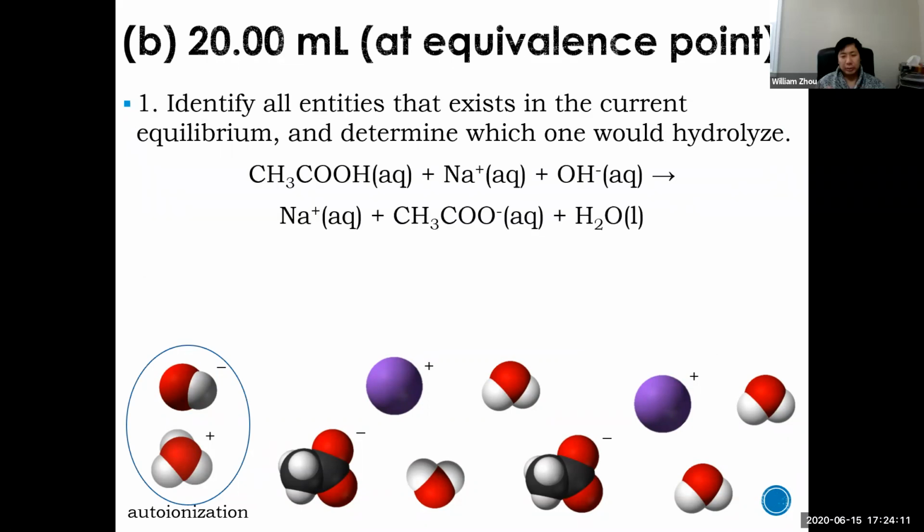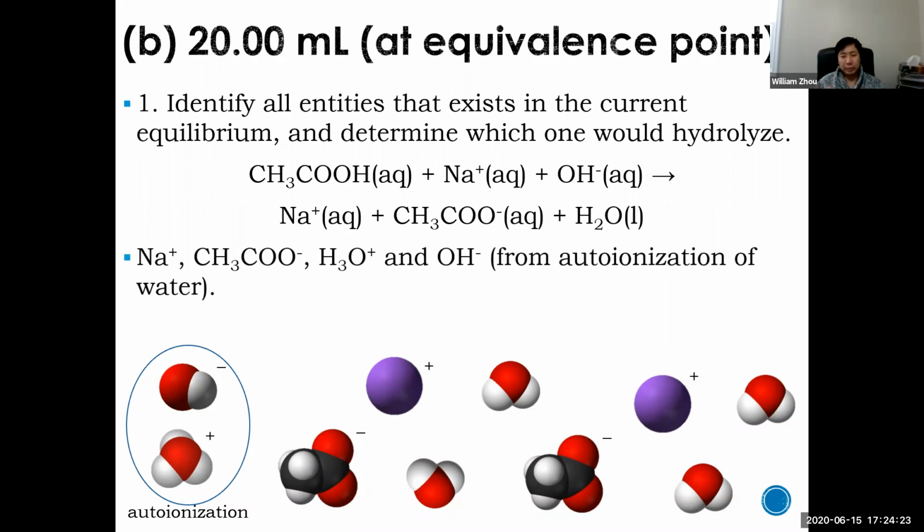First of all, the acetic acid plus sodium hydroxide gives you sodium ion, acetate ion, and liquid water. The liquid water, obviously, we're not going to consider. What's in the solution? You have Na+, you have the acetate negative, and you have the hydronium and the hydroxide produced from water. Again, we are going to ignore those two.